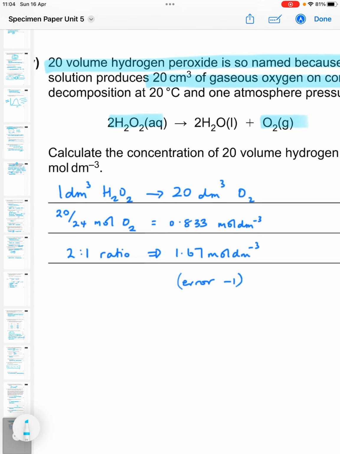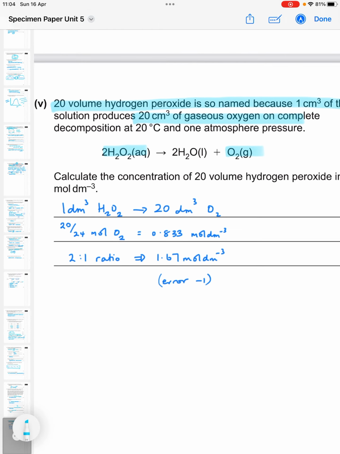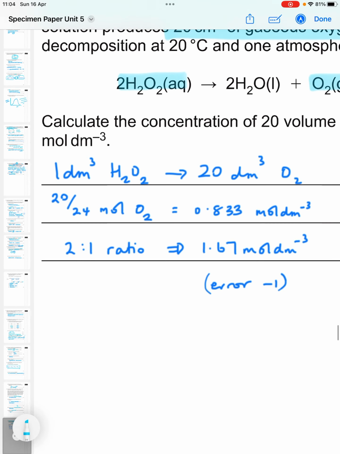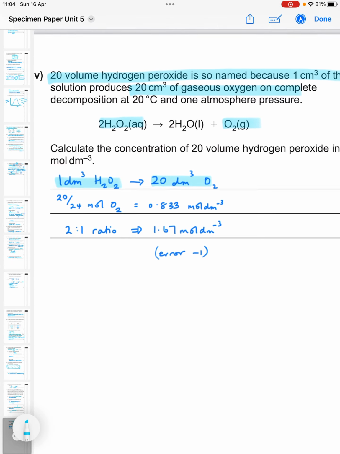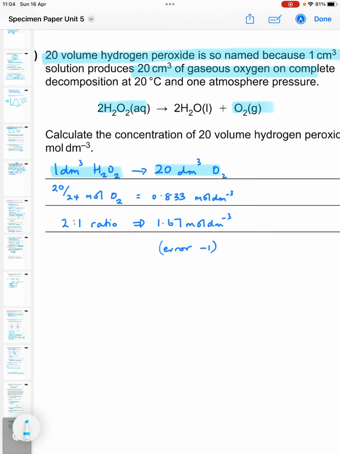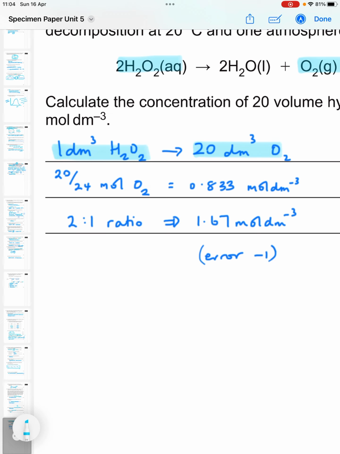So if 1 cubic centimetre of the solution produces 20 cubic centimetres of the oxygen, it follows that 1 dm cubed hydrogen peroxide would produce 20 dm cubed of the oxygen. Now we know that at 20 degrees and 1 atmosphere pressure, 1 mole of gas will occupy 24 dm cubed.